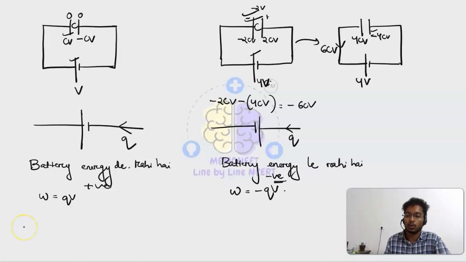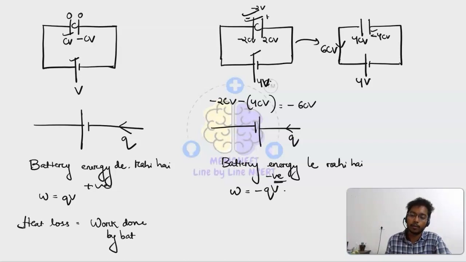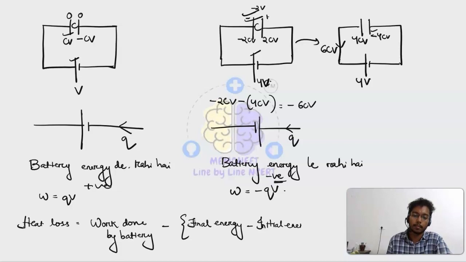The heat loss is equal to the work done by the battery minus the final energy on the capacitor minus the initial energy. So this is how we can calculate the heat loss.